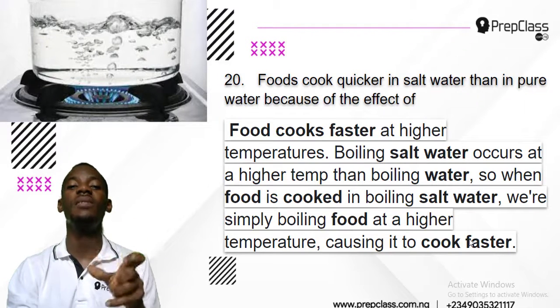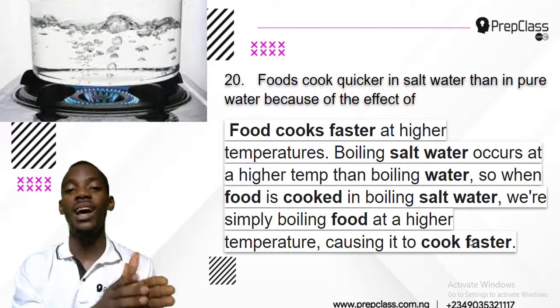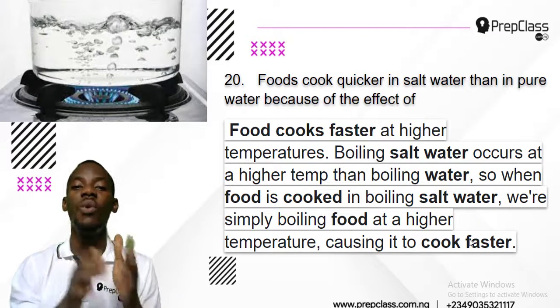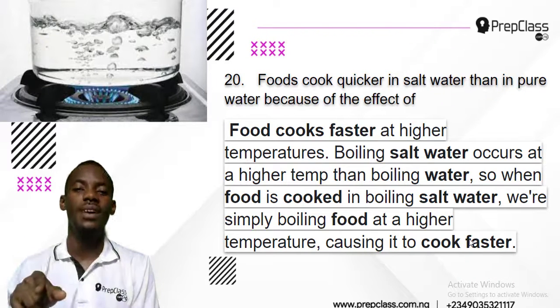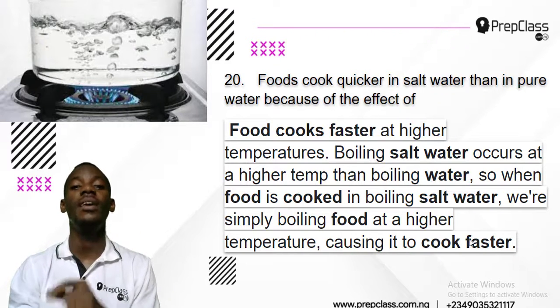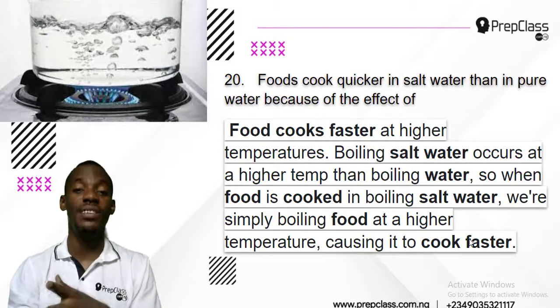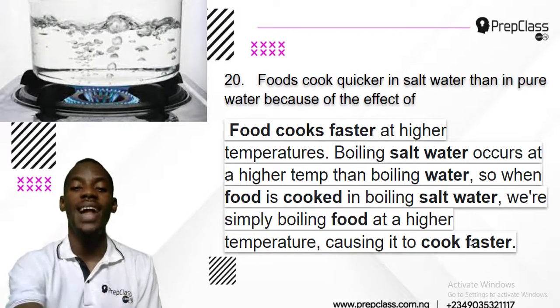So if you put meat inside two pots, one with pure water and one with salt water, the meat in the salt water is cooking at a higher temperature than in the pure water, and that's why it will cook faster than the one in the pure water.